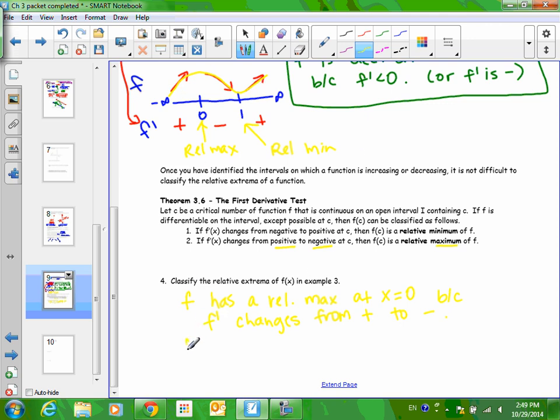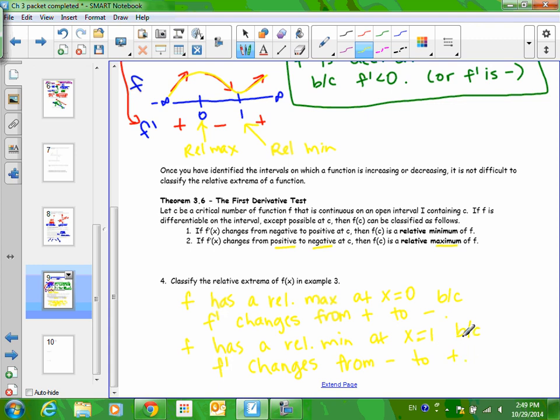So then my next statement would be f has a relative min at x equals 1. And again, you have to write because f prime changes from, look at your sign chart, at x equals 1, f prime is changing from negative to positive.